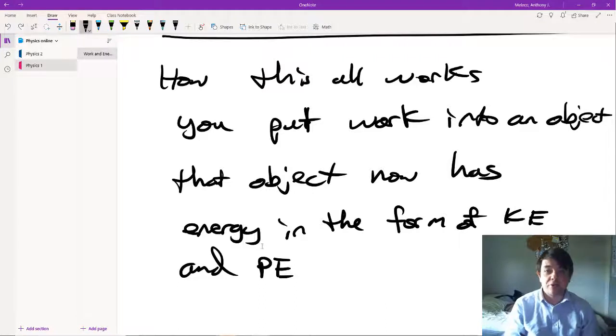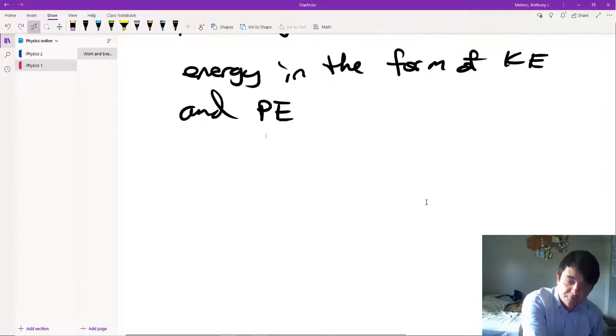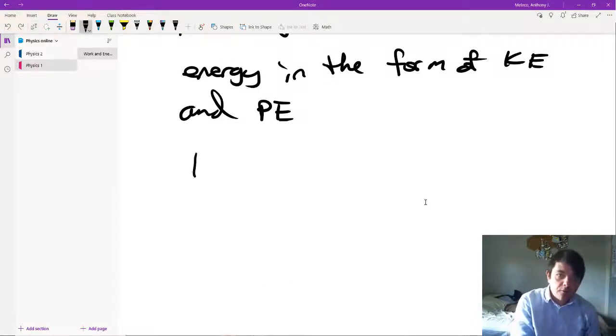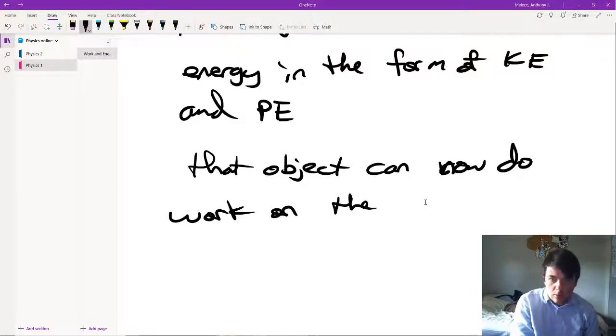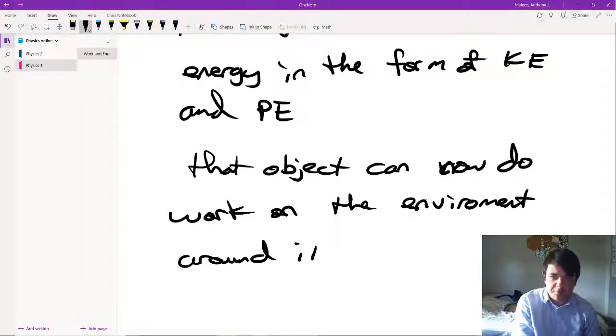That object now has energy in the form of kinetic energy and potential energy, possibly, doesn't have to, but it has forms of energy. So now that object can now do work on the environment around it, okay? So that object moves, maybe it hits something else, transfers that energy.